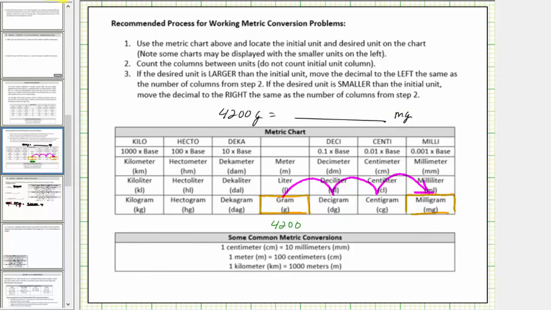So starting with 4,200, the decimal is to the right of the 0. If we move it right 3 places, 1, 2, 3, fill in the missing digits with zeros, notice how we do get 4,200,000, which is the number of milligrams in 4,200 grams.